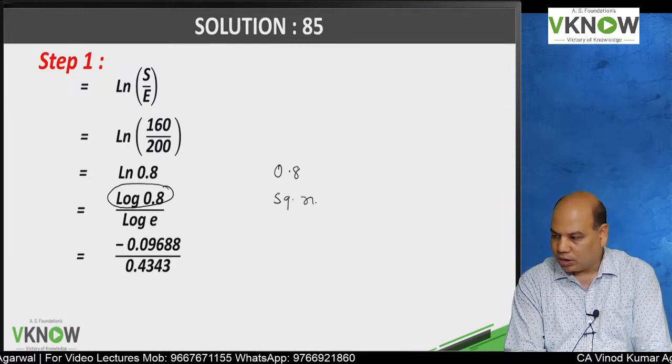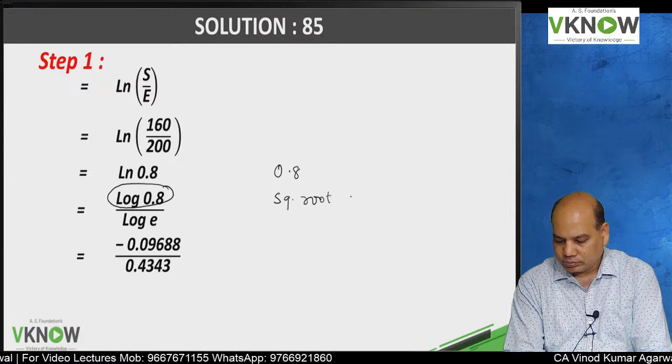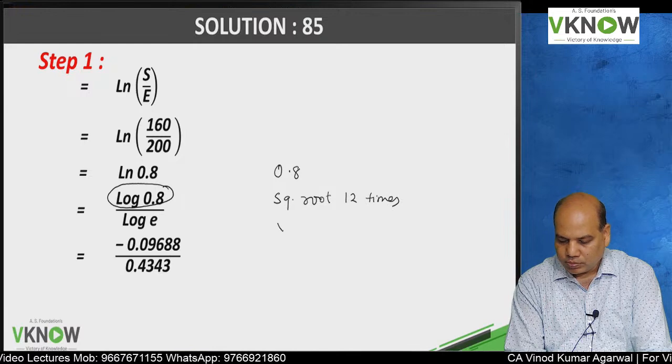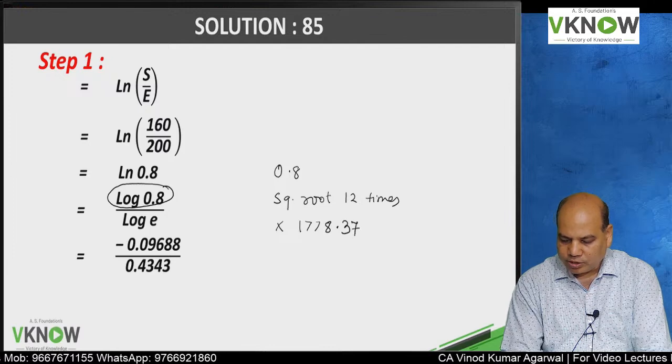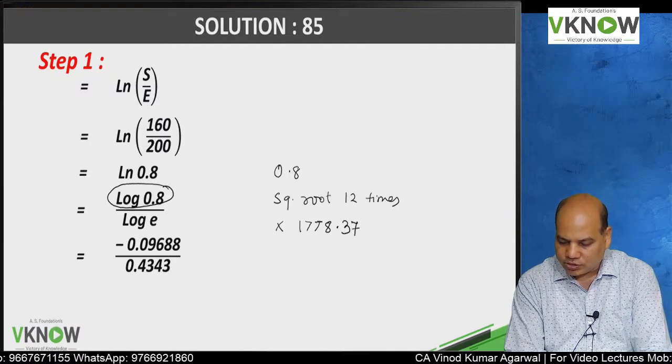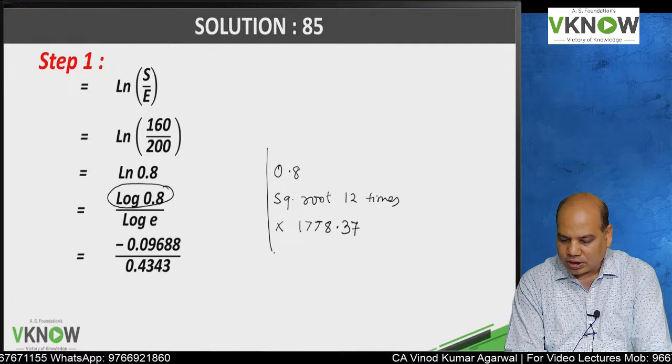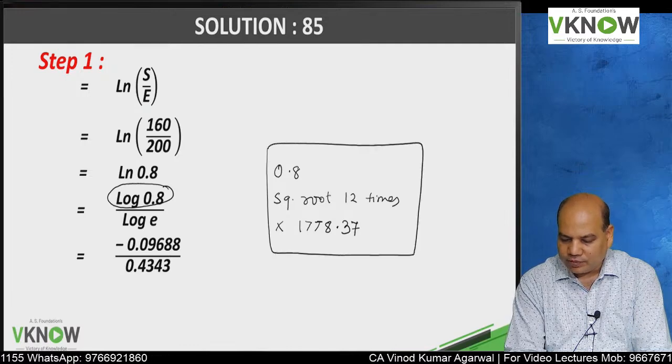Press square root 12 times. Multiply by 1778.37, one constant number. This I have taught to you in the derivative chapter.